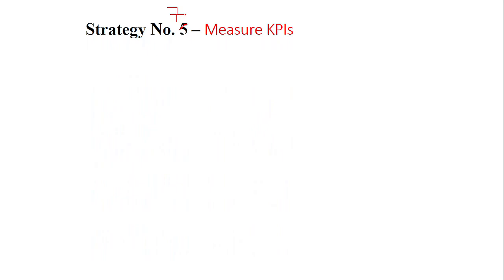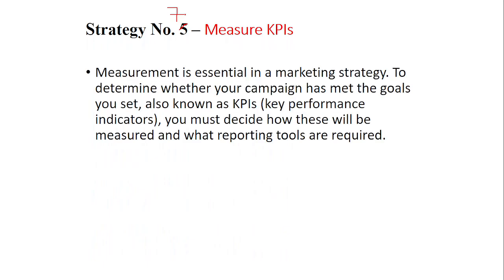Now, measuring your key performance indicators is another thing that you need to put into perspective, right? So measurement is essential in a marketing strategy to determine whether your campaign has met the goals you set. That is also known as the key performance indicators. So you must always decide how these will be measured and what reporting tools are required.